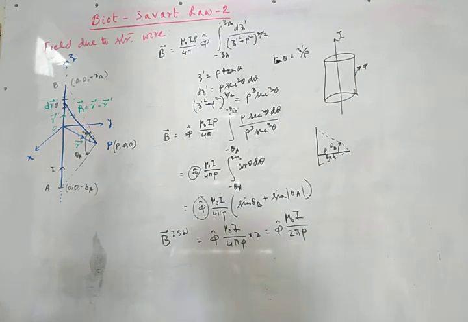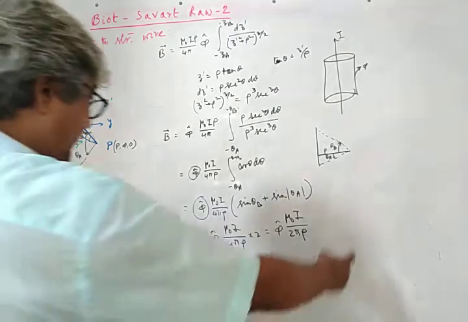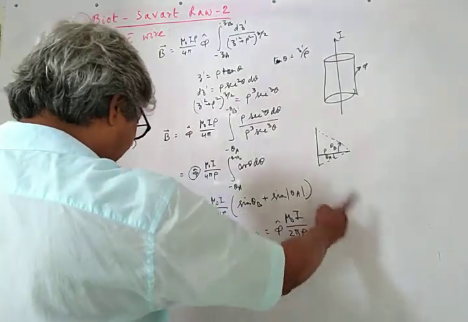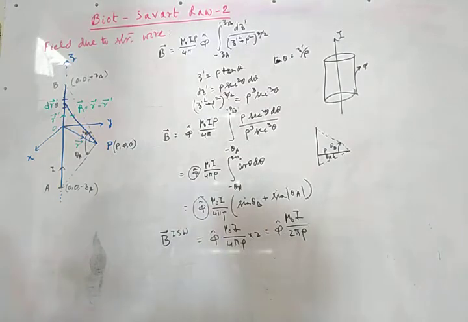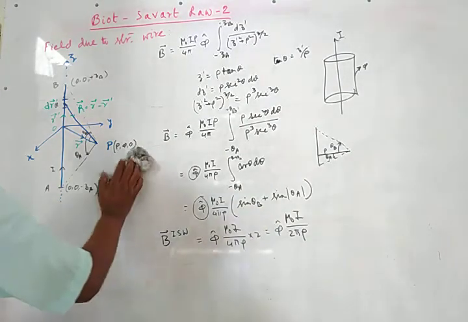So this completes the calculation of the field due to a straight wire using the Biot-Savart law. For a finite wire, this is the expression for the total field, and for an infinite straight wire, this is the expression for the field. Now we come to the second problem.